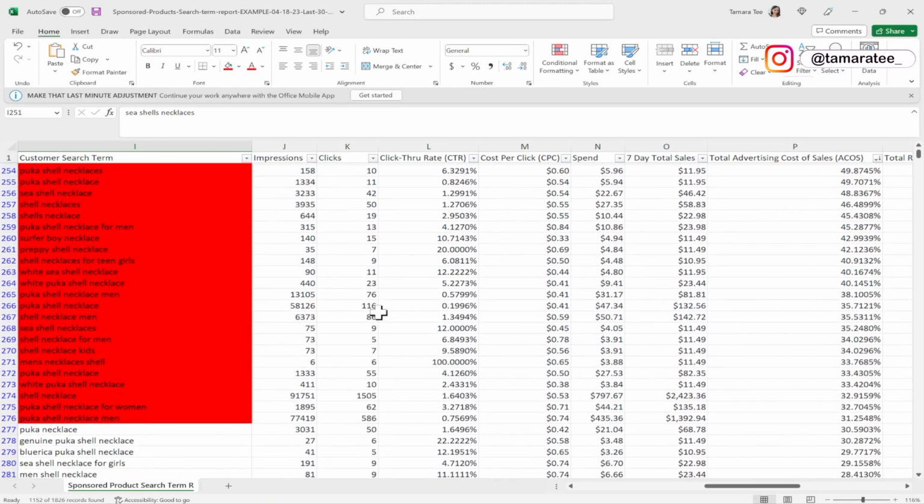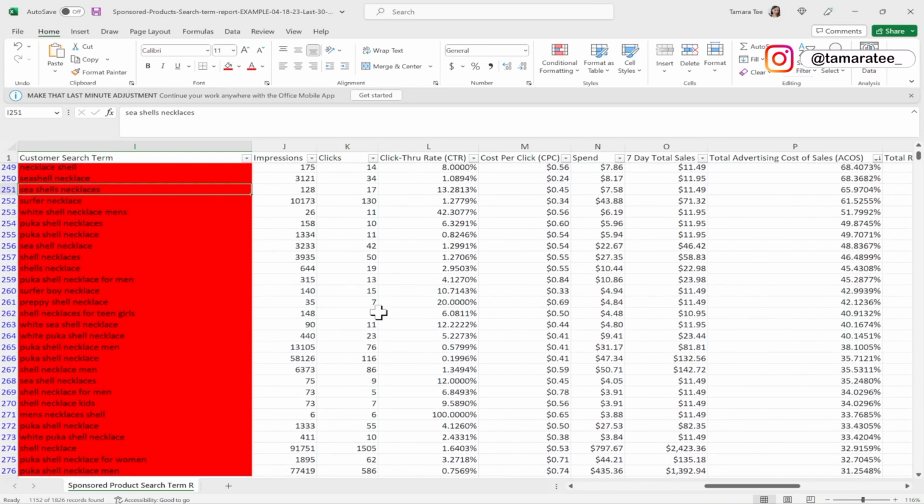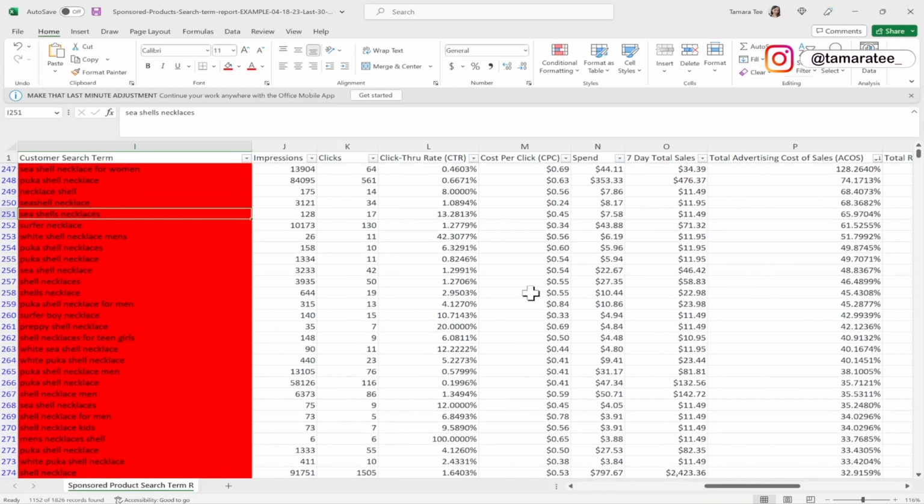But there are some exceptions to the rule, you guys. For example, if I look at this keyword right here, shell necklace for men, there are only 5 clicks and my ACoS is 34%. So it's a little greater than my profit margin percentage of 30%. I am spending about 4% extra for advertising.